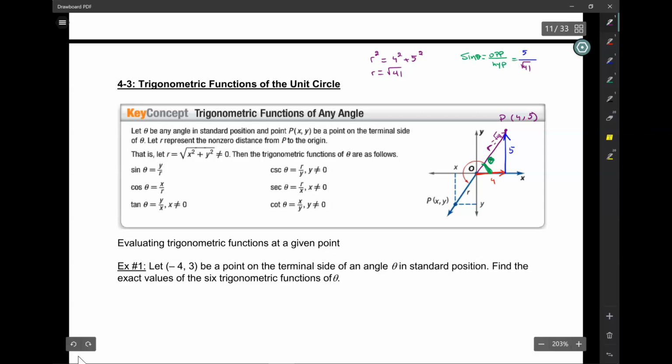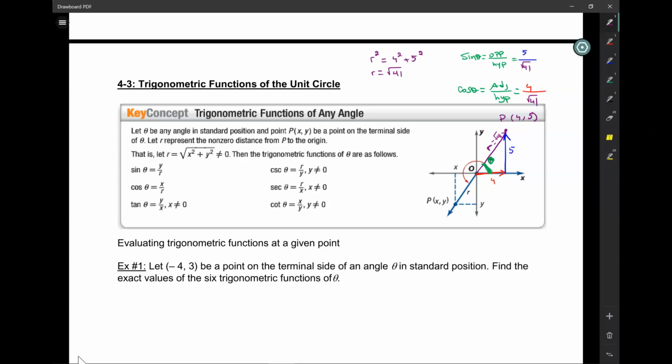Okay. And then what is the cosine of theta? It's adjacent over hypotenuse, and that's 4 over the radius, root 41, right? So look at what you notice here.